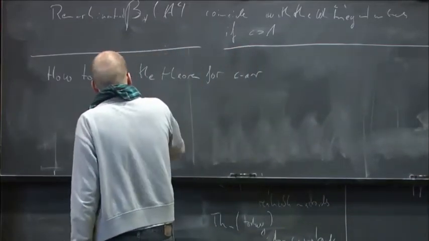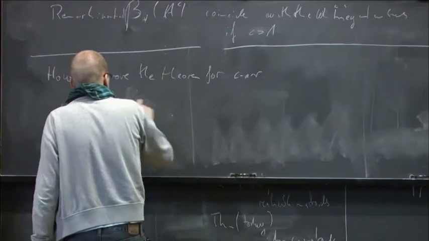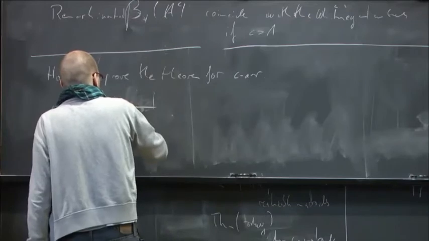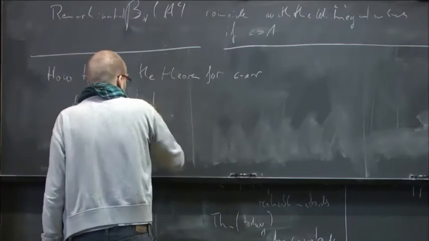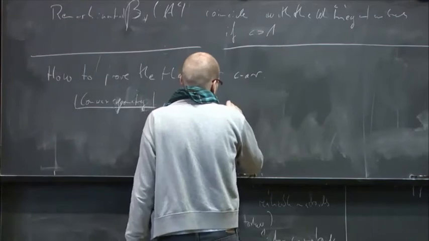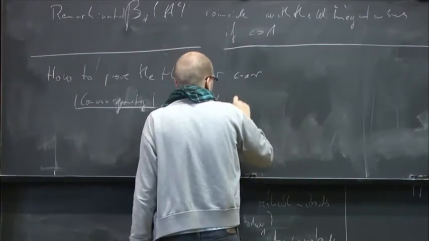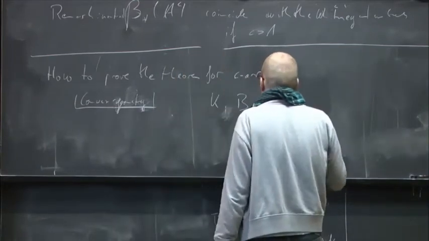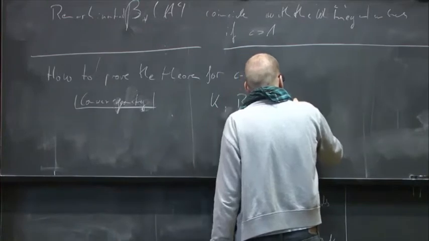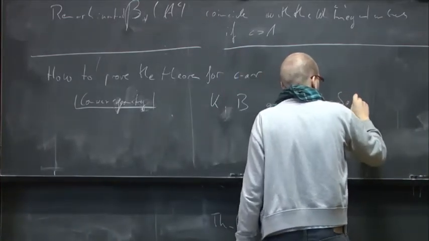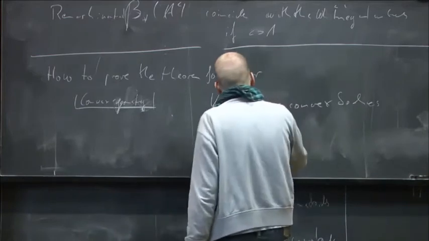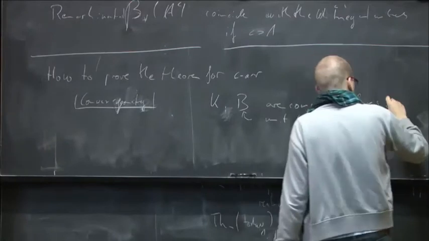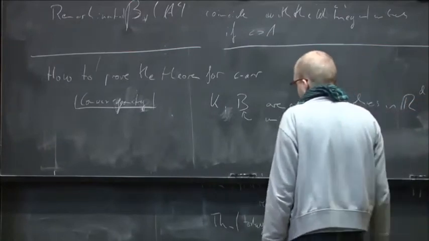The first ingredient I want to go over is basic convex geometry. What we want to look at is the following function. Let's say K and B are convex bodies. For simplicity, I can assume that B is a unit ball, and these live in some Euclidean space.